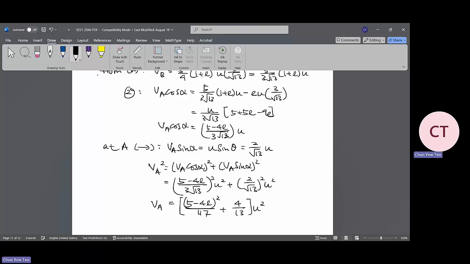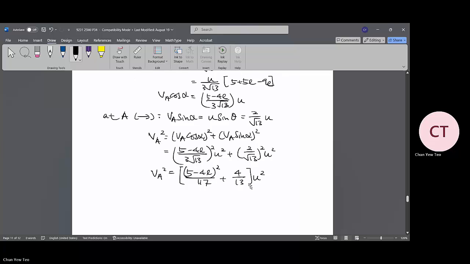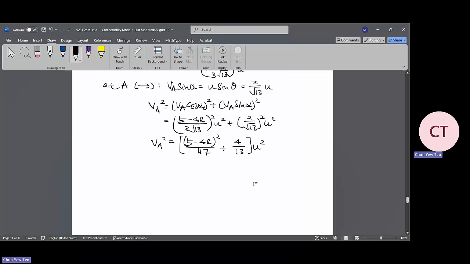Just leave it like this at the moment. Then given KE at A is equal to KE at B after the collision.